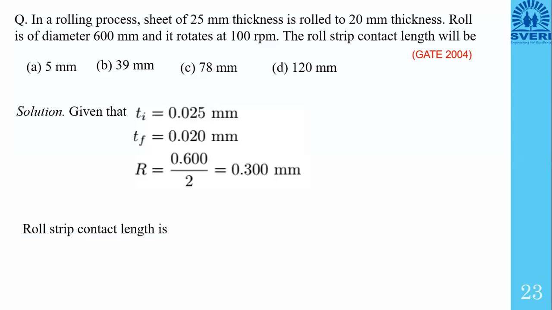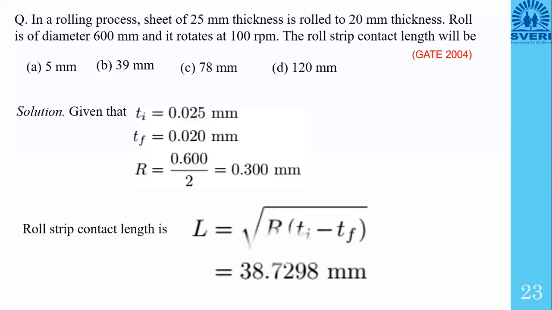Then L is equal to root of R into (Ti minus Tf). If you put these values, you will get 38.7298 mm.